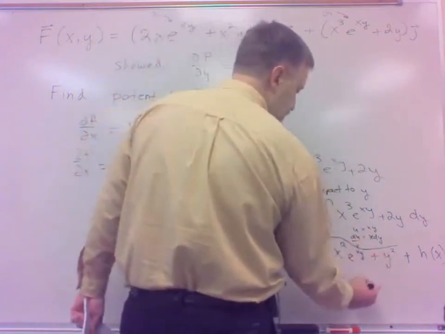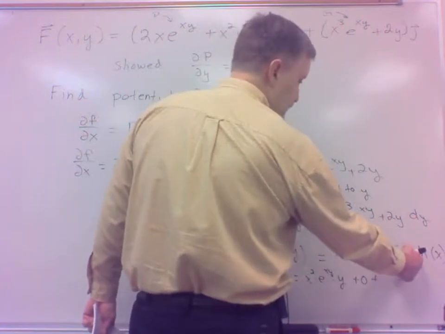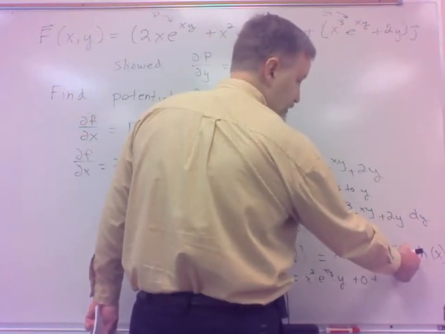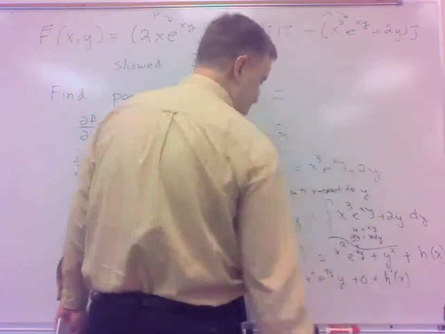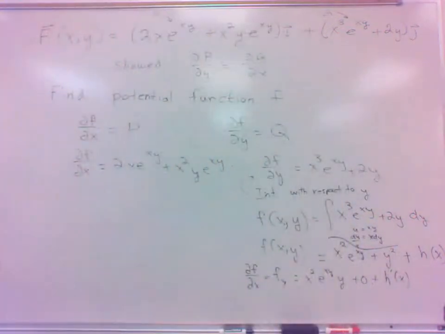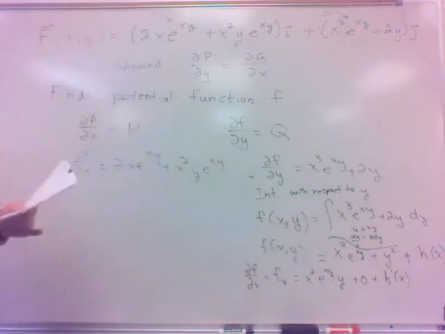Derivative of that 0, and then now since we're doing the derivative with respect to x, we'd have to say that's h prime, right? We don't know what it is, but we can just call it h prime. Oh, I forgot the other part.